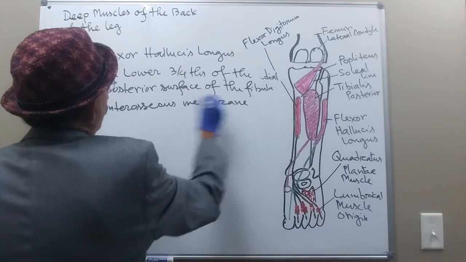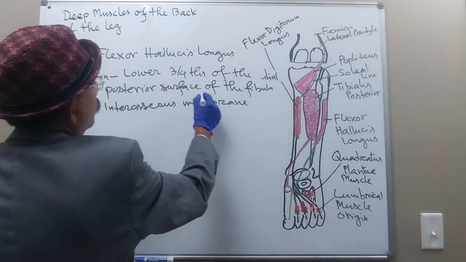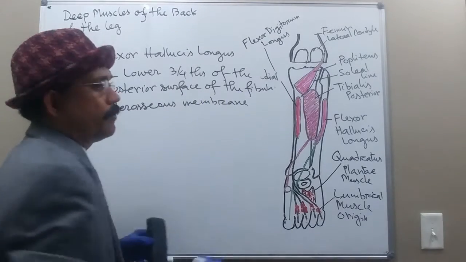The lower part mostly takes origin from the posterior surface of the shaft of the fibula.